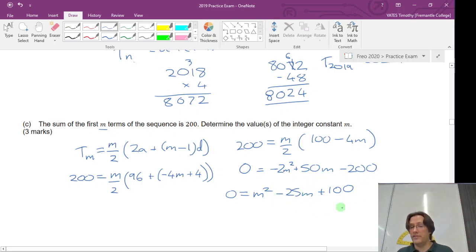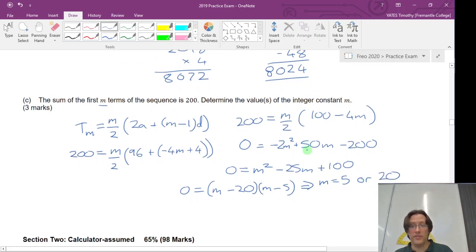They're both going to be negative numbers, so it's going to be negative 20 and negative 5. So it's going to be (m take 20)(m take 5). So 0 equals that, which gives us m equals 5 or 20.